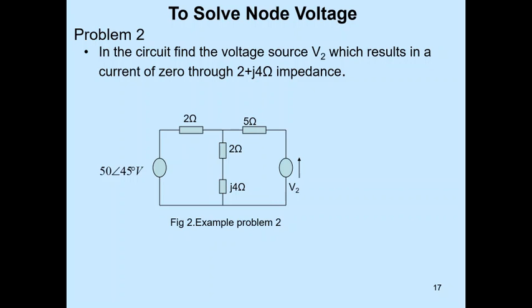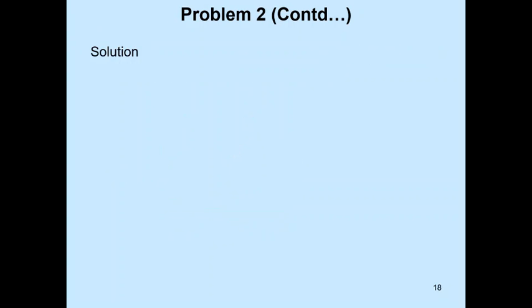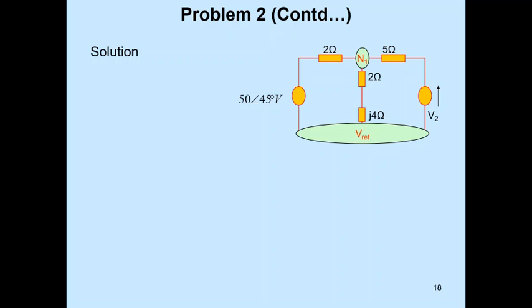By inspection of this circuit, we identify that there are two nodes, N1 and the reference. So the number of nodal equations is 2 minus 1, which is 1.